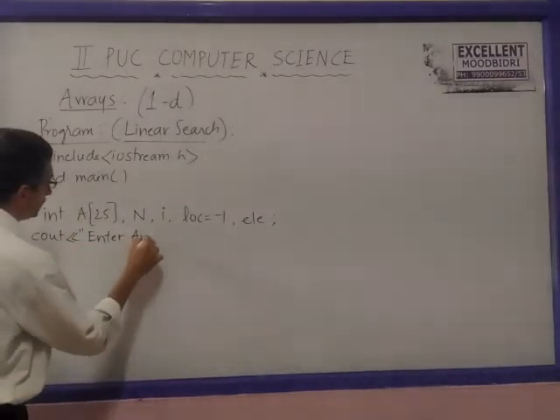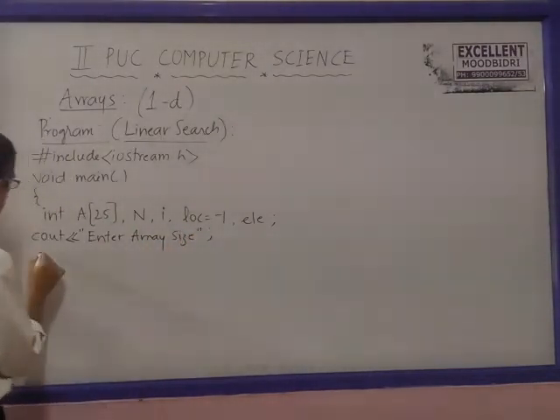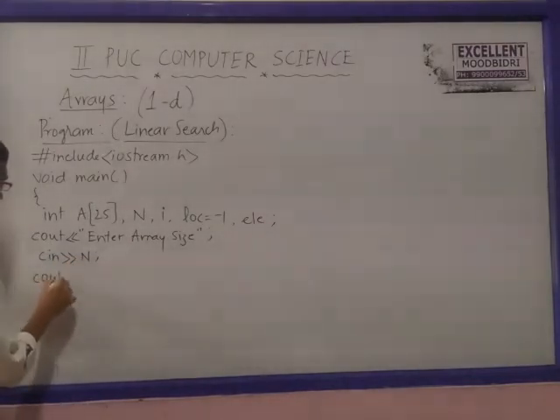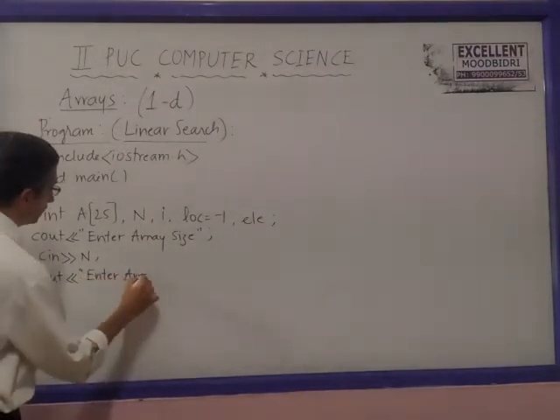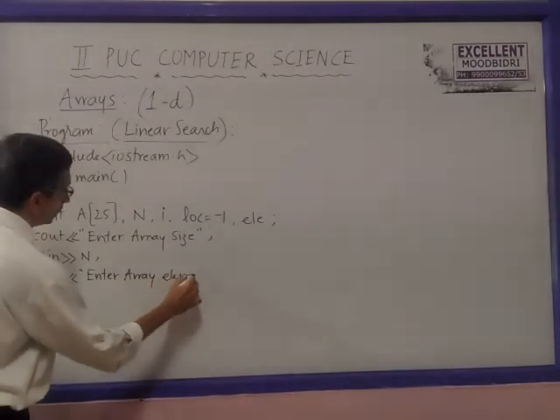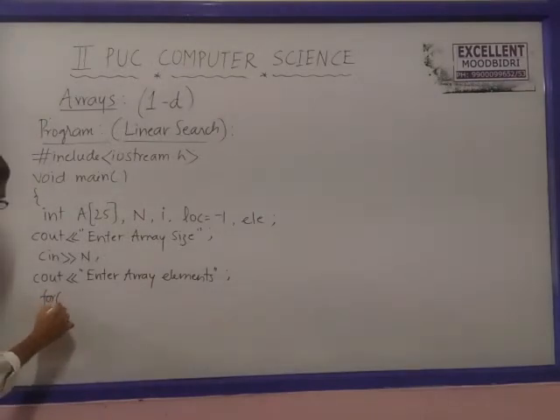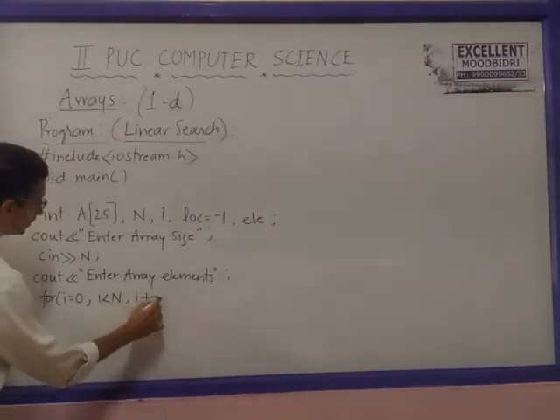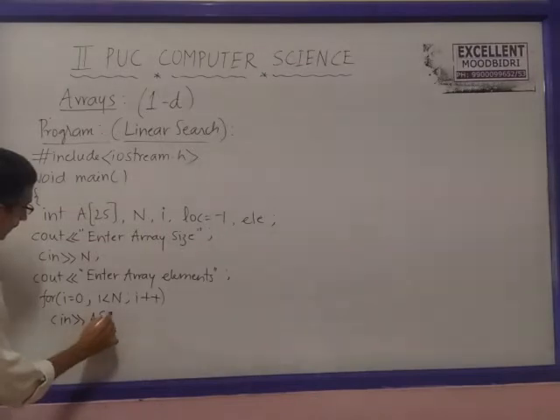cout "Enter array size", cin >> n, cout "Enter array elements". Use the for loop: i = 0, i < n, i++, cin >> A[i].